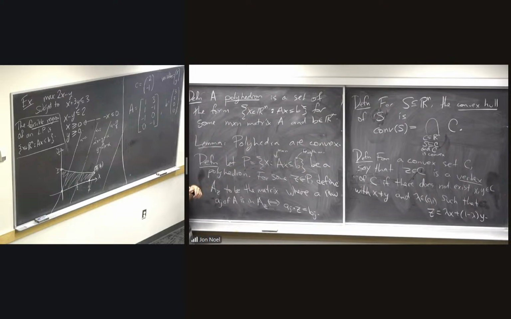All I'm doing is, for this specific z, which is the subscript z here, I look through each inequality. Each of them is either strict or equal, and I just take the ones that are equal and make a matrix out of those.